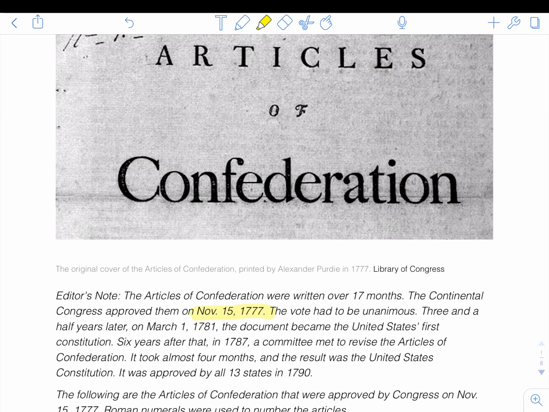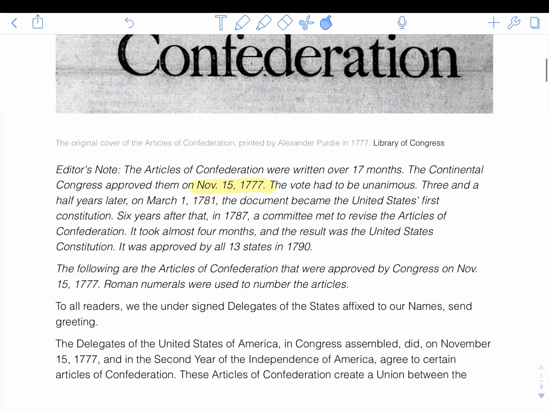And the Constitution was really signed about 10 years later, September 17th, 1787. So again, this is the Articles of Confederation, and it was taken up and signed in the Continental Congress. You see that here. And so that's the primary source we're looking at.